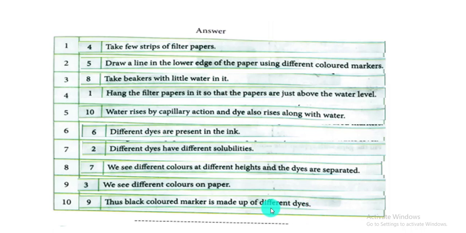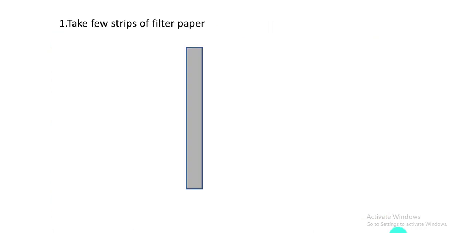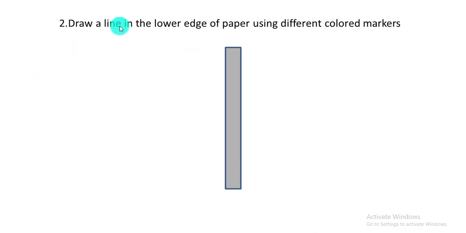This little video will describe the steps. Dear students, these are all the steps. Then you can watch carefully. Take a few strips of filter paper. Draw a line on the lower edge of the paper using different colored markers. At the lower part, you have to draw different lines. Okay.